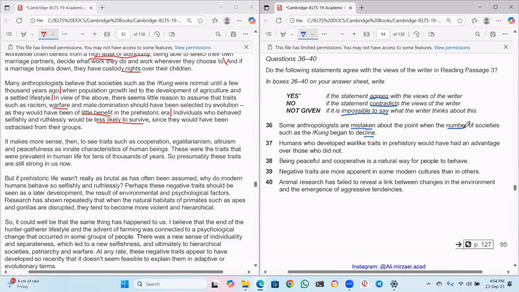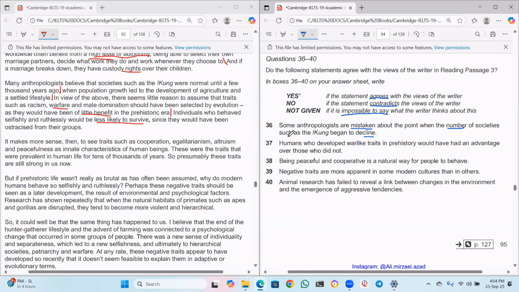Okay. Now, in the paragraph, did he talk about the number of societies such as Kung beginning to decline? Nowhere he mentioned it, right? The writer is talking only about Kung, but here he says the number of societies such as Kung. Did he mention any other societies like Kung?